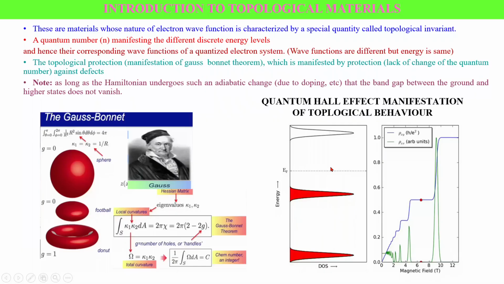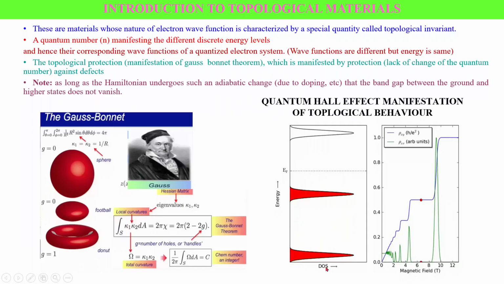Similarly, in quantum materials, if we apply the magnetic field, similar to the pressure here, there is more density of states close to the Fermi energy, and if we remove the magnetic field, the electron can go back to the certain states, which means that this is the continuous deformation.